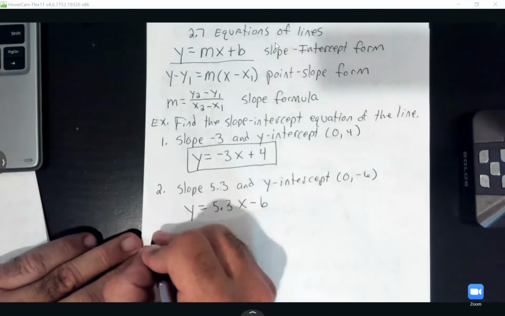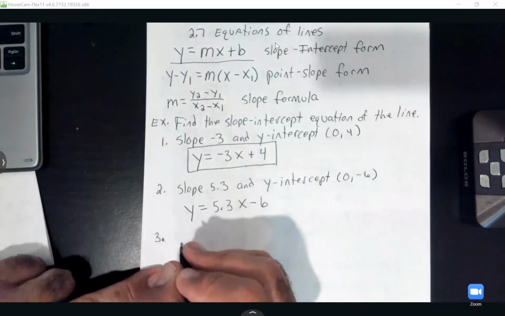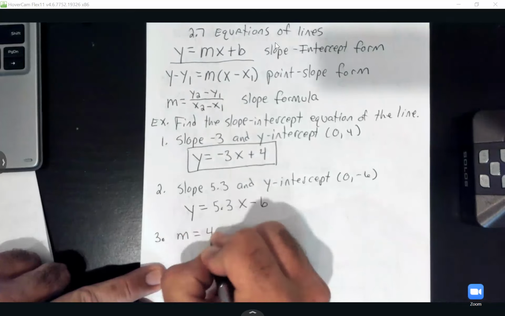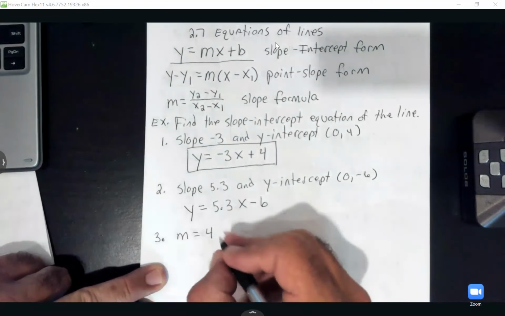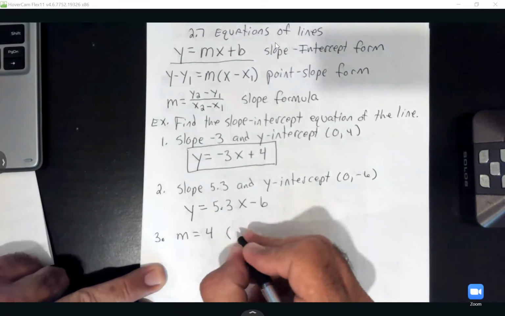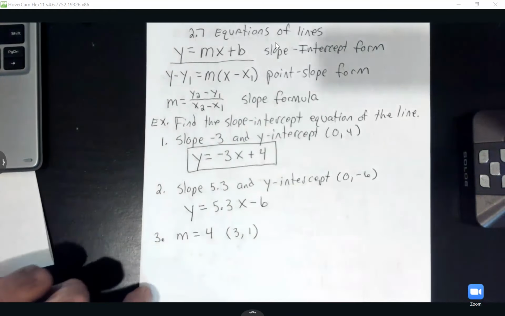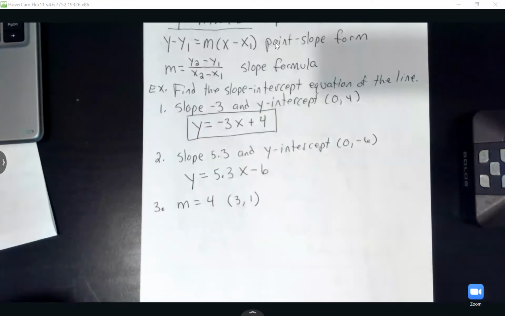But y'all, what about this one? What if they gave me m equals 4? Remember, m is the slope, so they're still giving me the slope. But now, not the y-intercept, they're giving me a point (3, 1). So here's what's happening on here.